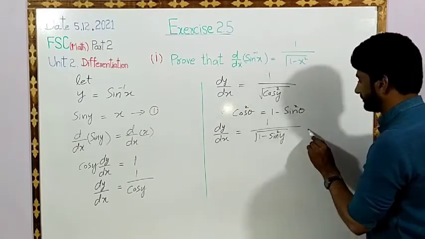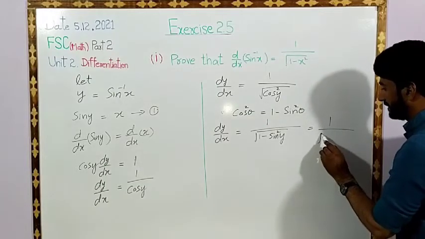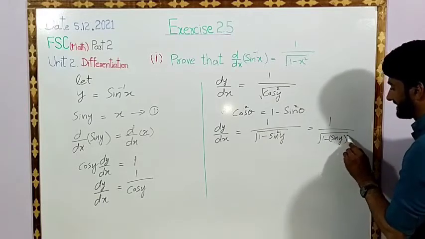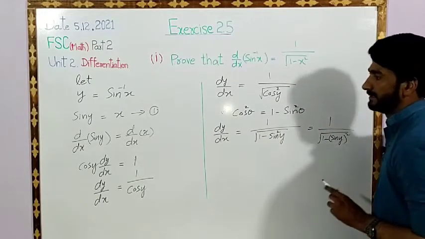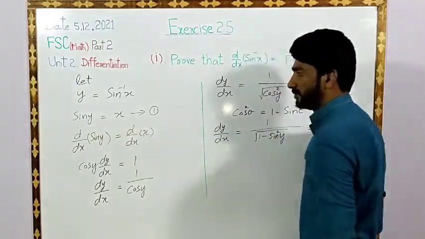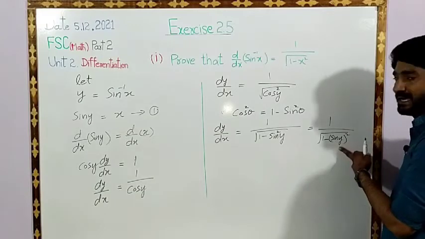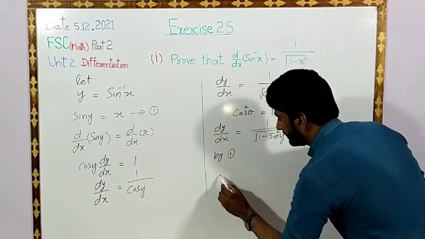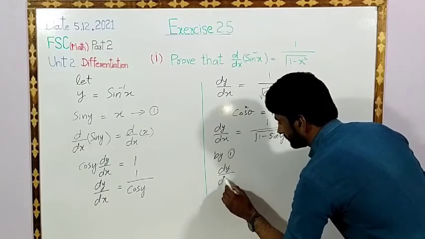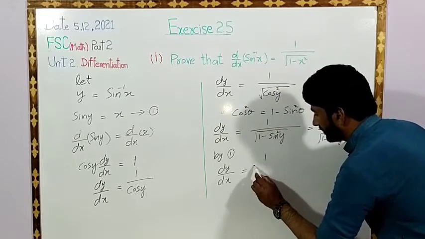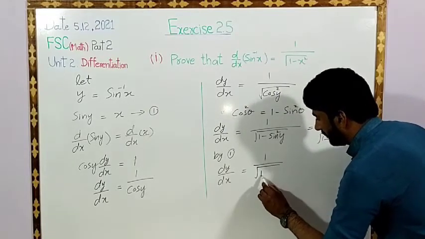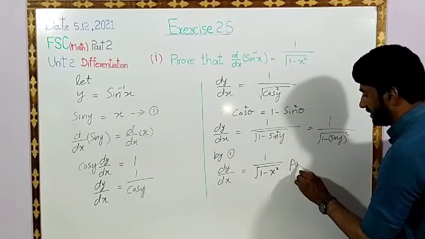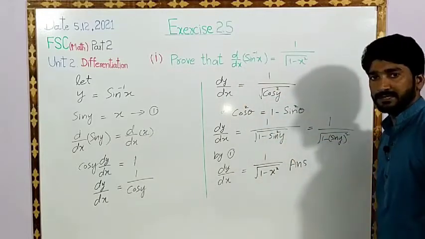In the next step, 1 over under root 1 minus sin y whole square. By equation 1, sin y is equal to x, so we can replace sin y with x. So dy over dx is equal to 1 over under root 1 minus x square, and this is the answer for sin inverse x.